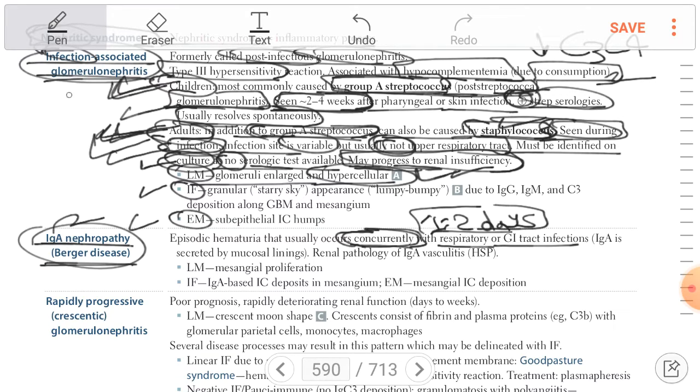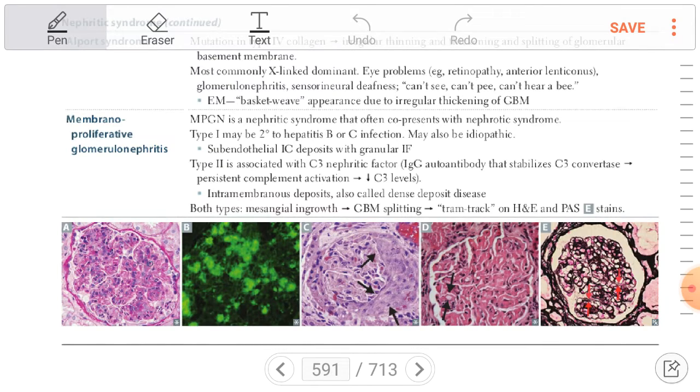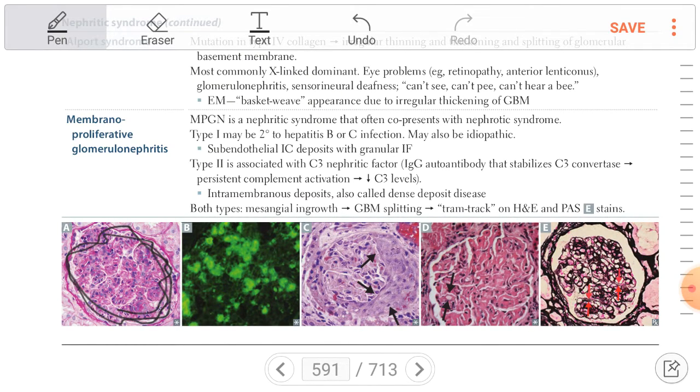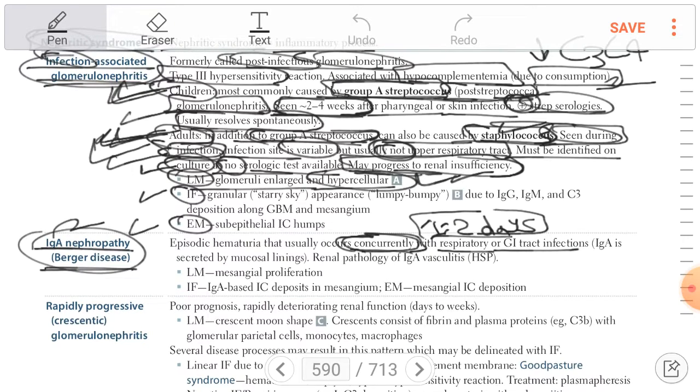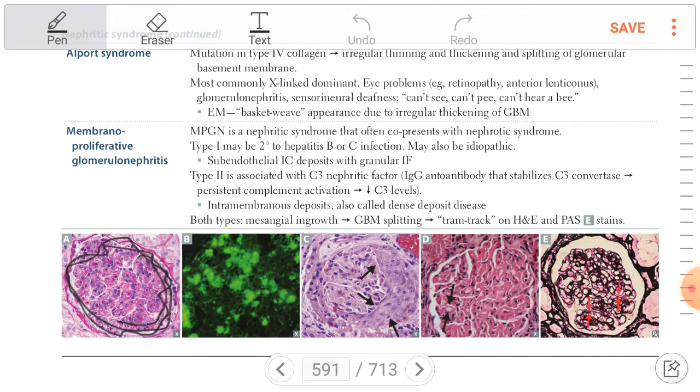In group A beta streptococcal glomerulonephritis, post-streptococcal glomerulonephritis, there is hypercellularity of the glomeruli. Then there is a granular starry sky appearance, lumpy bumpy, granular starry sky appearance.